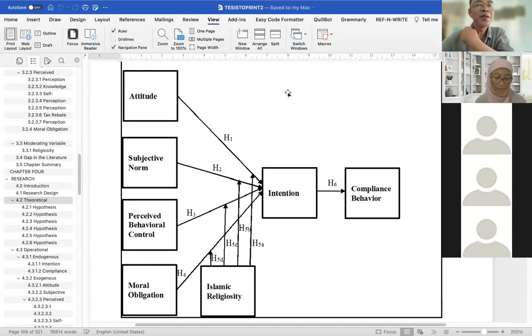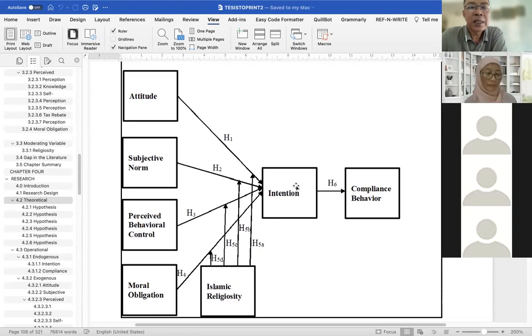Last time I showed, some students, they follow this framework. No, this is just an example. You need to develop your own framework depending on your topic, right? This one, the one to the right, is called the dependent variable. This one is called mediating because it is in the middle, right?